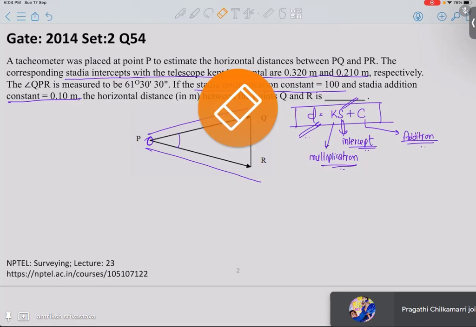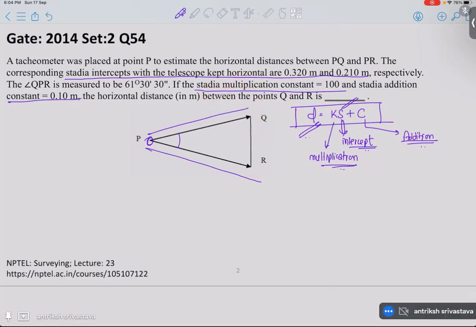You should know that in 1 degree we have 60 minutes, and in 1 minute we have 60 seconds. So if you were to simplify, 30 seconds will be 0.5 minutes, and 30 minutes will be 0.5 degrees.